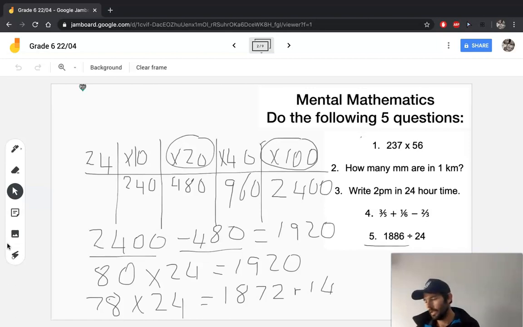Now if you wrote that as a fraction, it's going to be 78 remainder 14 over 24, which when simplified is 7 over 12. So that would be how you work through that.